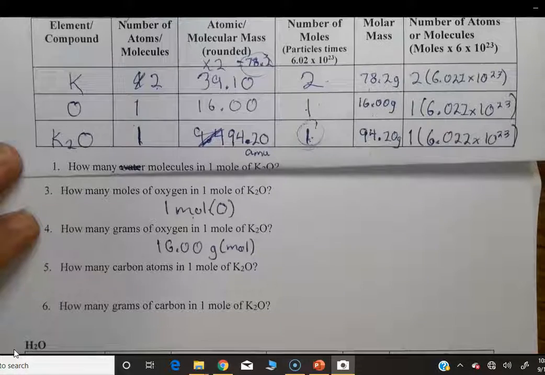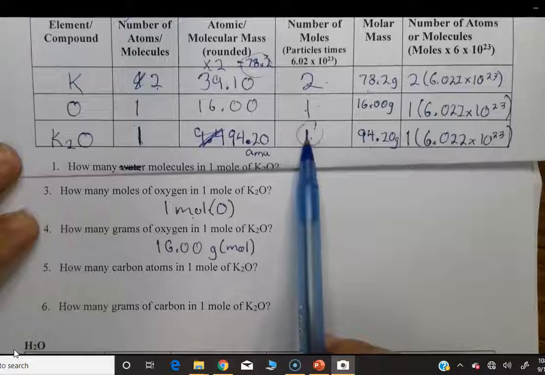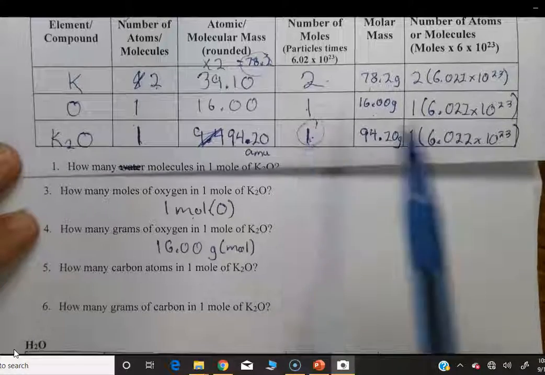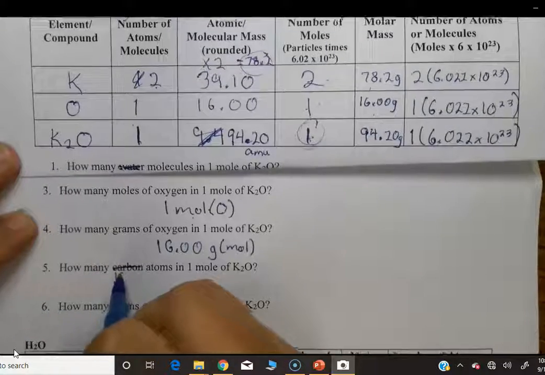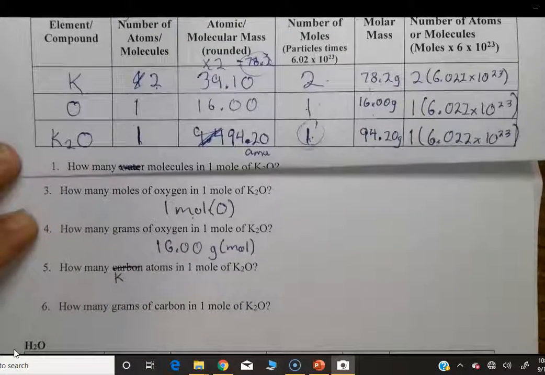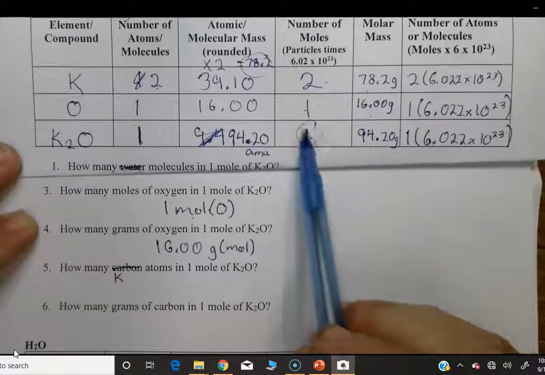How many carbon atoms in 1 mole? So we look here, this is 1 mole, and we come up here, okay, I'm sorry, and that's an error. Let me correct that. So it should be how many potassium atoms in 1 mole of K2O? All right, so here we have 1 mole of K2O. This is always our reference.